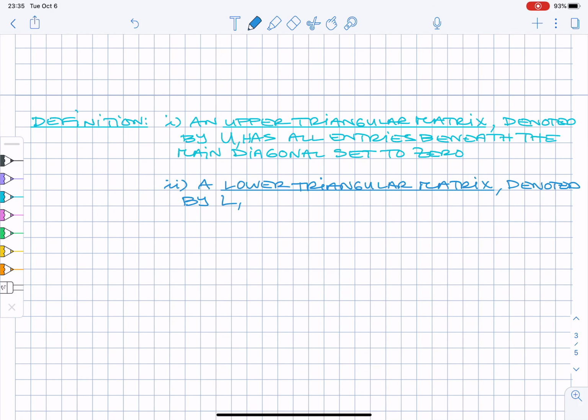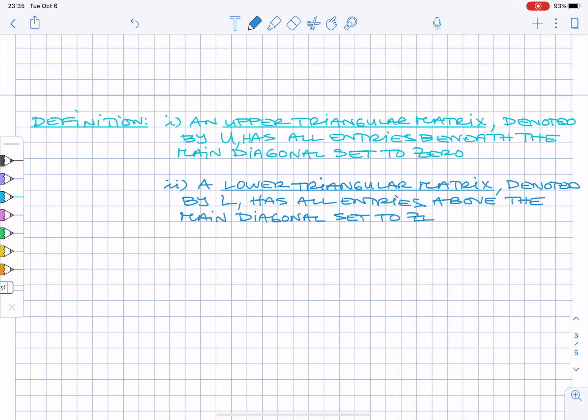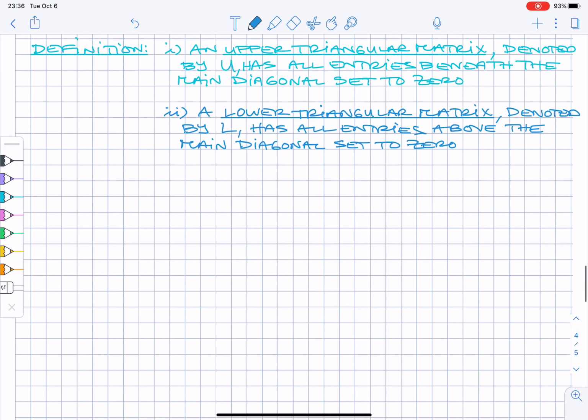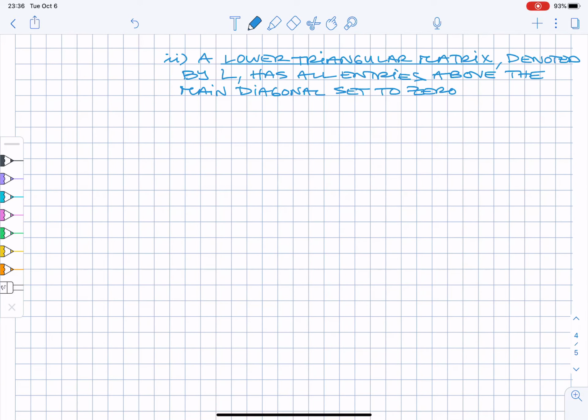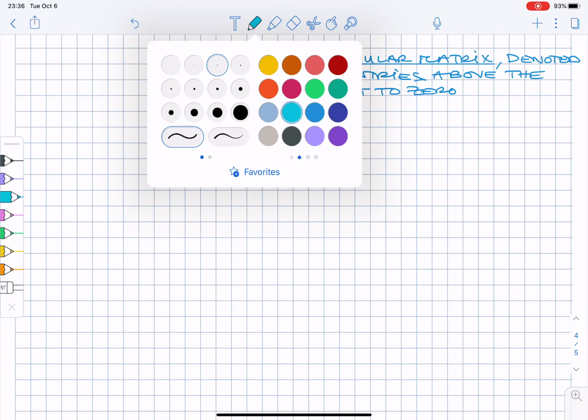Has all entries above the main diagonal set to 0. Okay, so that is, i.e., id est.